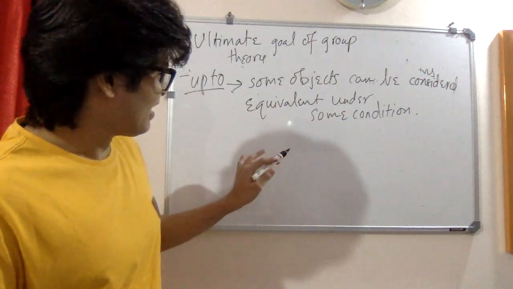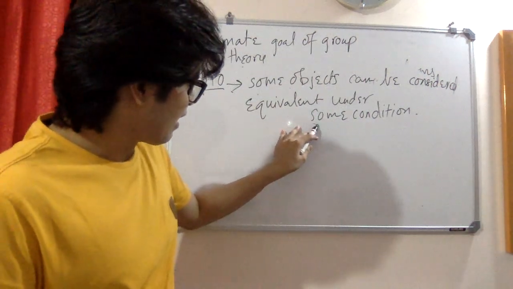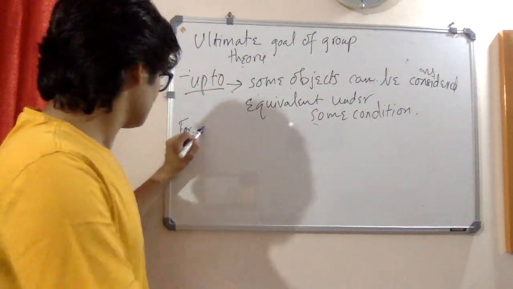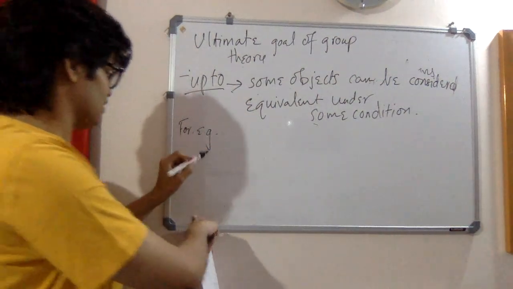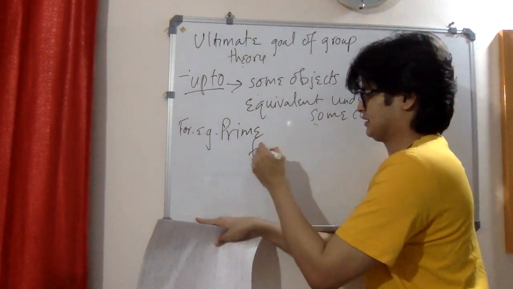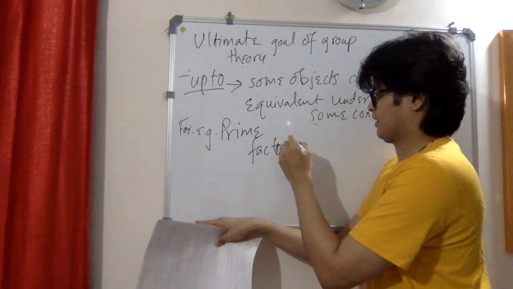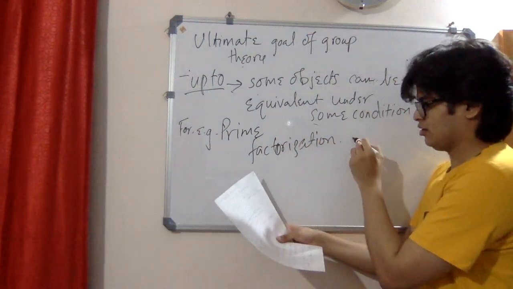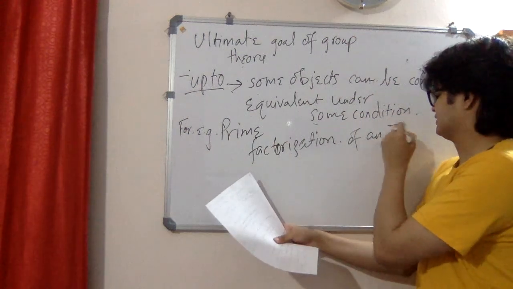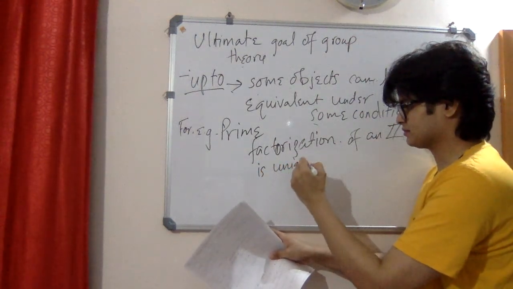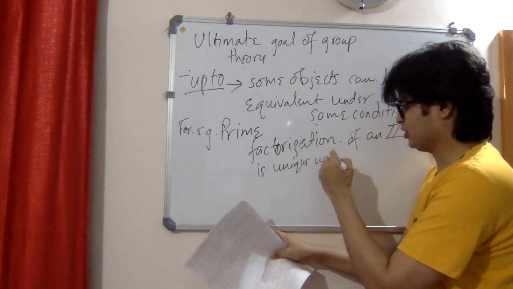So, for example, the prime factorization of an integer is unique up to ordering.